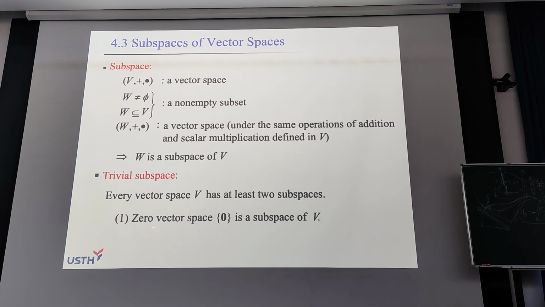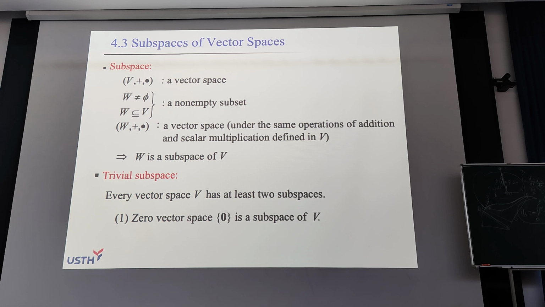The first one is the zero vector. The zero vector is an element lying inside V, and the subset consisting of only the zero vector is always a vector space. So it is a subspace of V.